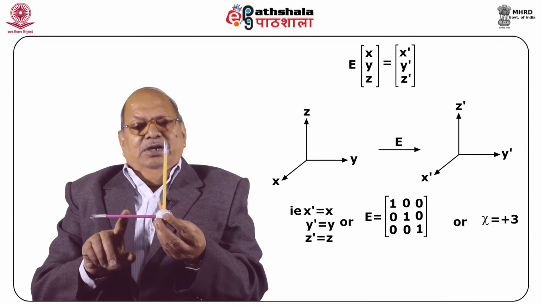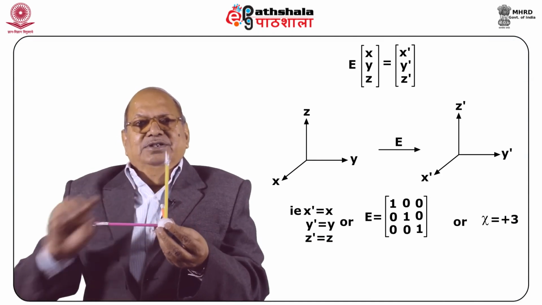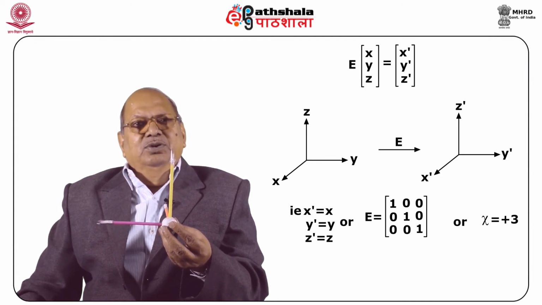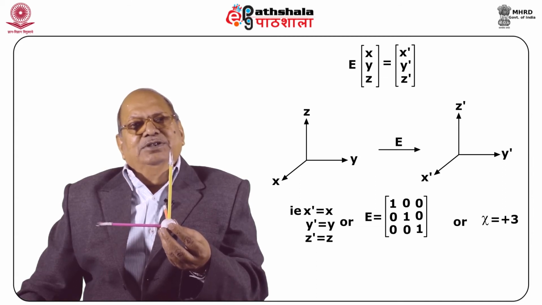Now, if I take the E operation, the x, y and z vectors will not be shifted. And what will be the matrix? 1 0 0, 0 1 0, 0 0 1, and chi is equal to plus 3. That is, at the 3 diagonal elements, it is plus 3.